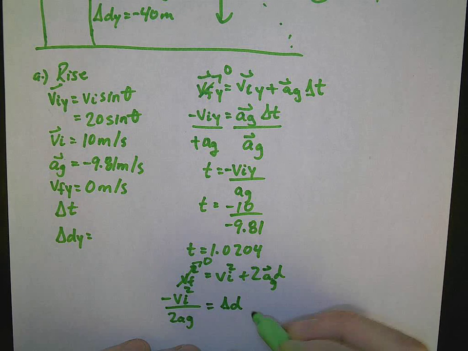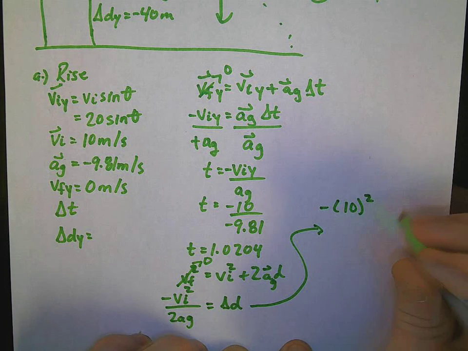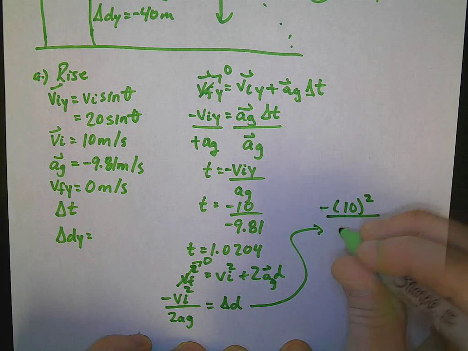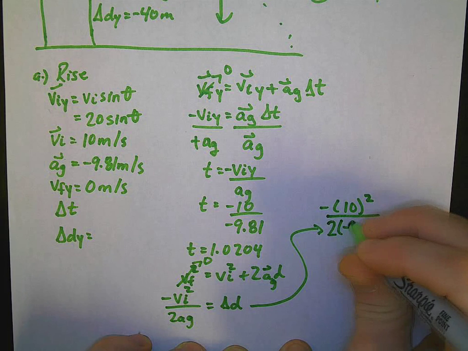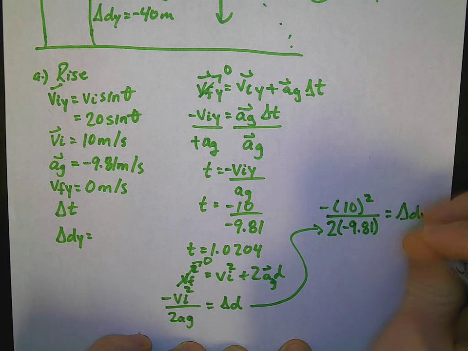So negative 10 squared all over 2 times negative 9.81 is my displacement in that y direction, which we should calculate quickly.